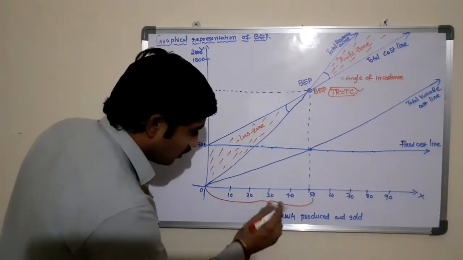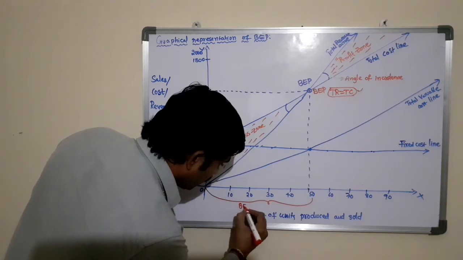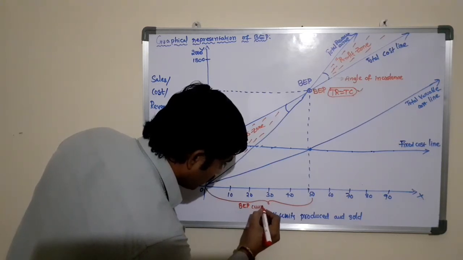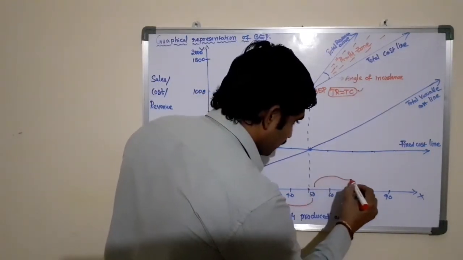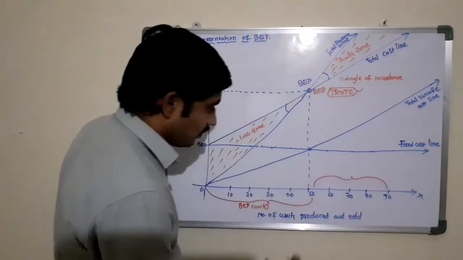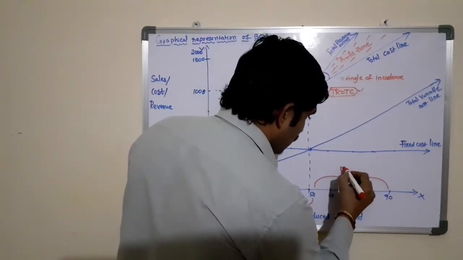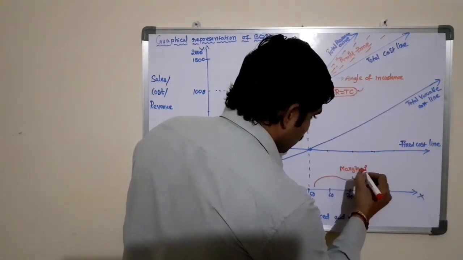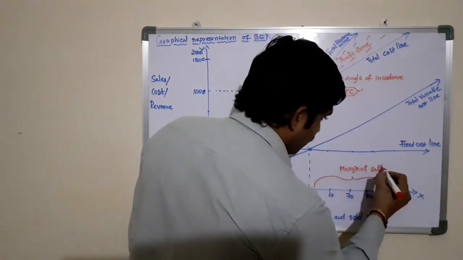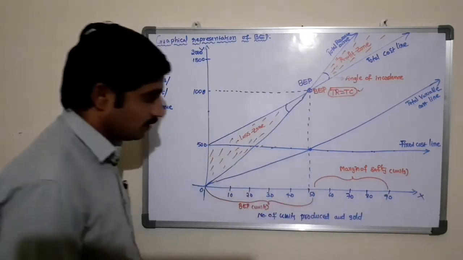These are the number of units we call the break-even point in units, up to 50, and after 50 till 90, this is called the margin of safety in units.